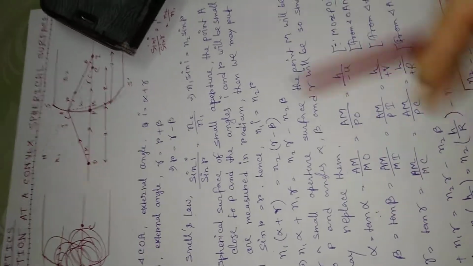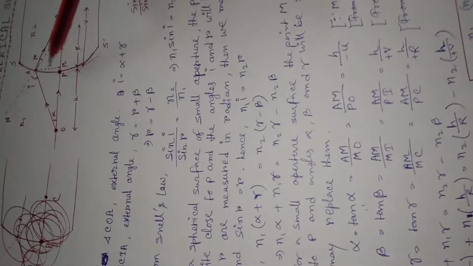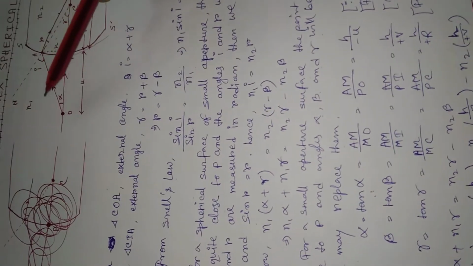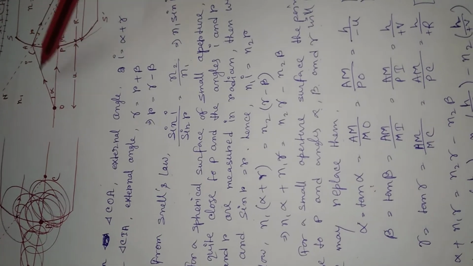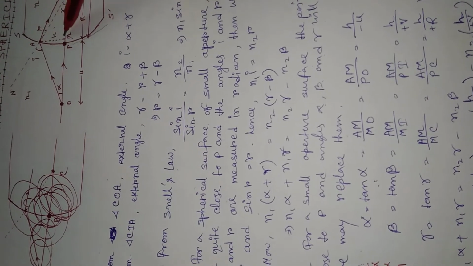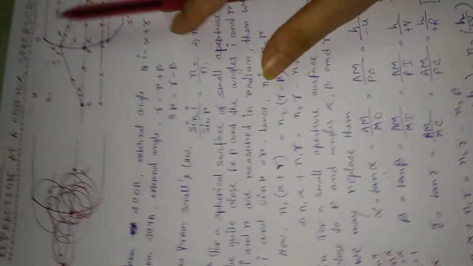And what about tan alpha? Just look here, if we take this right angle triangle AOM, then tan alpha equals perpendicular, that means AM, by base OM, or MO.